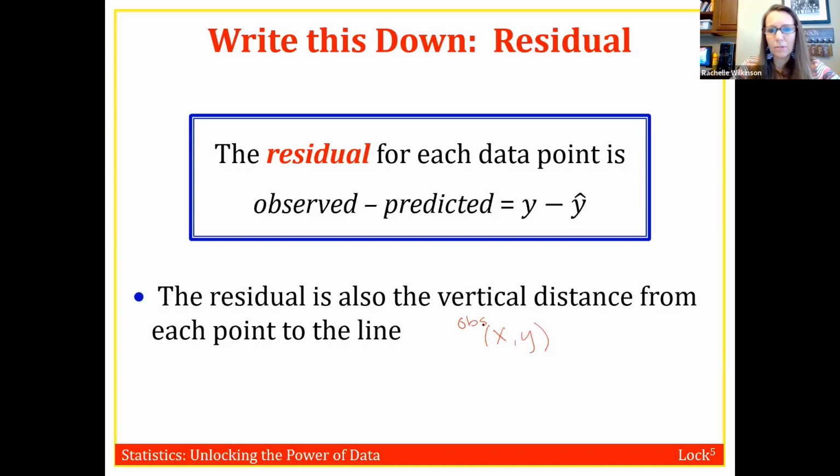Then they're going to give you the regression equation and say, find the residual. Well, this observed Y value comes from that observed point, so it's going to be given to you. It's a point that was collected in your data set. So the Y is given to you.